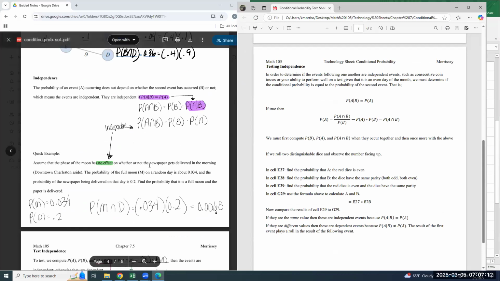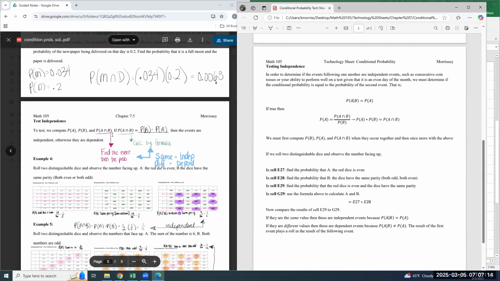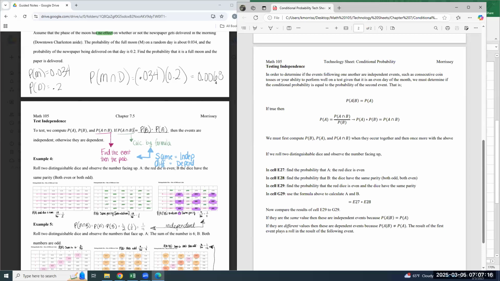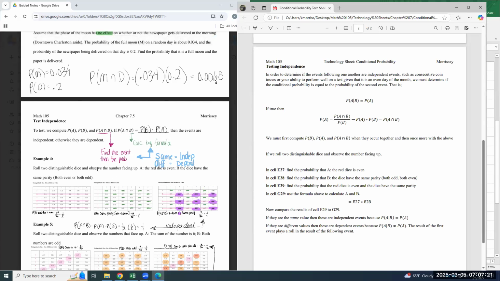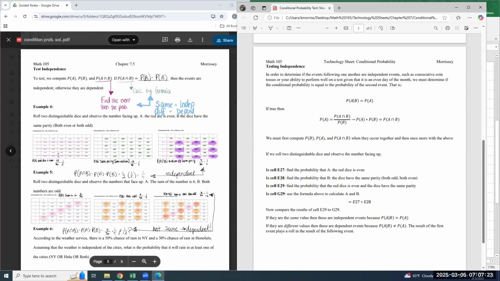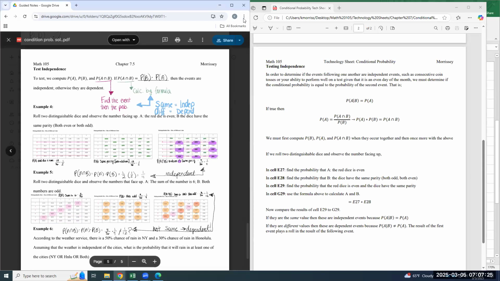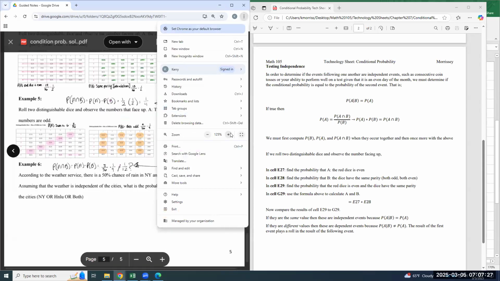So if that is true, when we go to test independence, we have two ands to calculate, one from your formula and one from some sort of visualization.